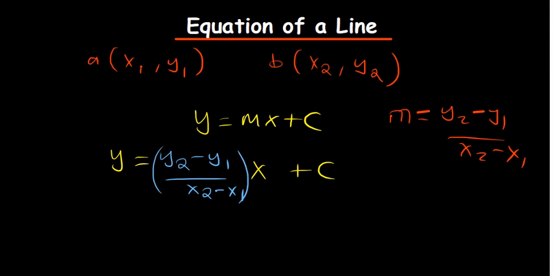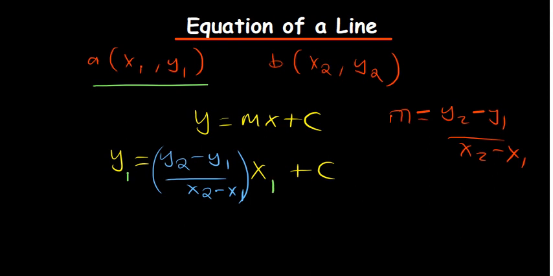Is that enough to help us determine the equation? There are two ways we can go from this stage. The first is to get a single coordinate of your choice, say the first one, and substitute y1 and x1.